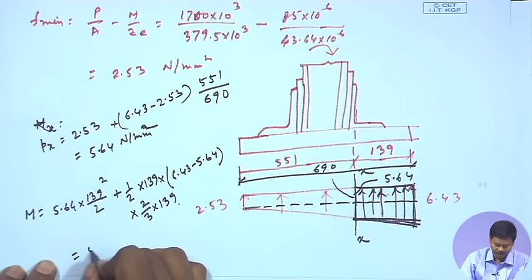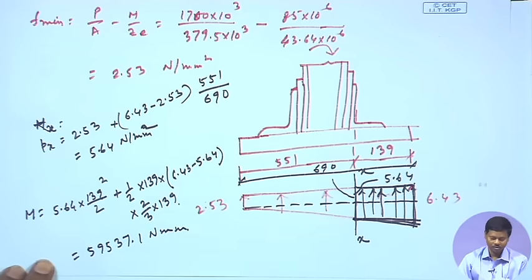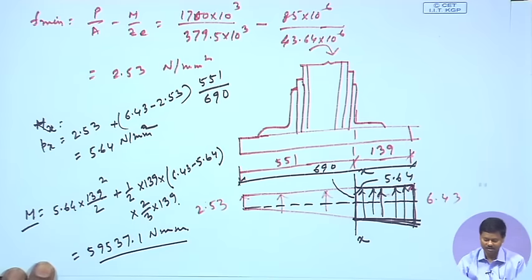So, this will be 59573.1 Newton millimeter. So, the moment at the critical section we could find out as this.